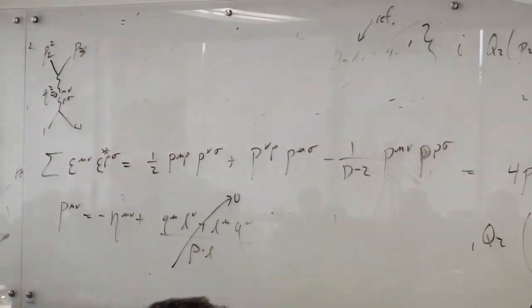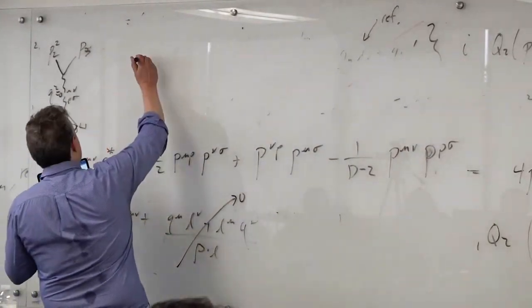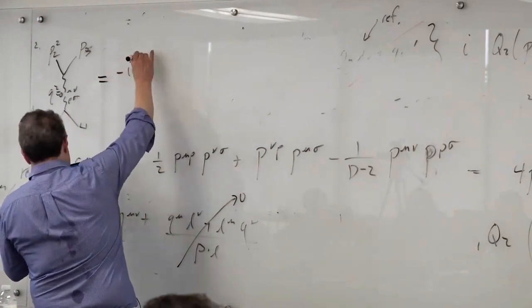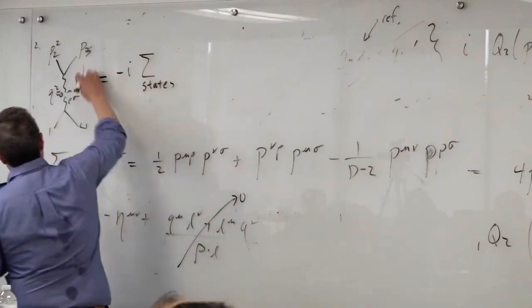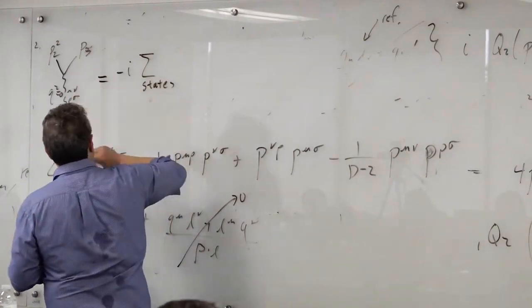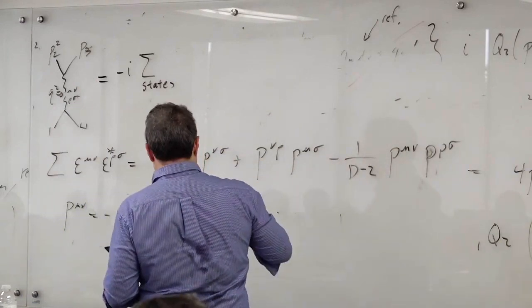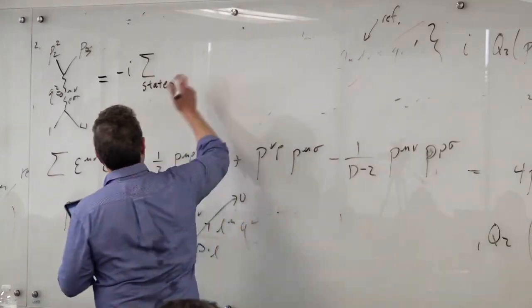So let's look at our diagram. So this is equal to minus i, the sum over states, and the state sum is this one, the one I'm showing now. It's the graviton. The graviton is this, so that's the state sum, this I throw away, so it's just a bunch of eta mu nu, so you just have to contract.